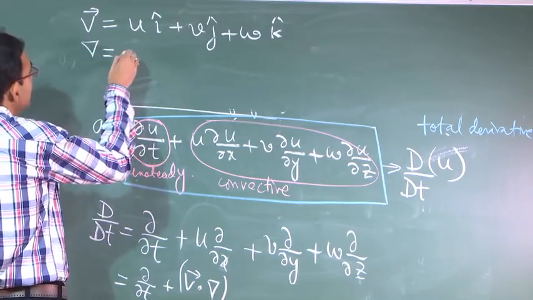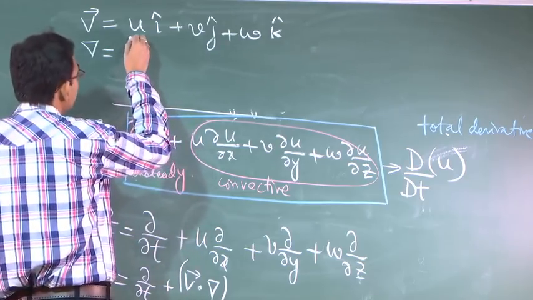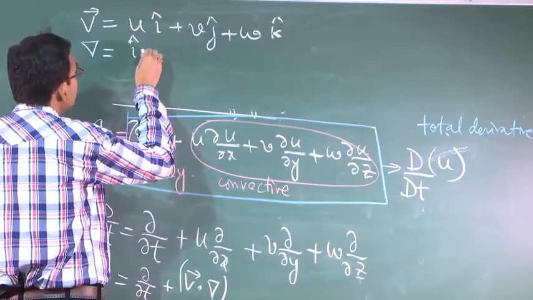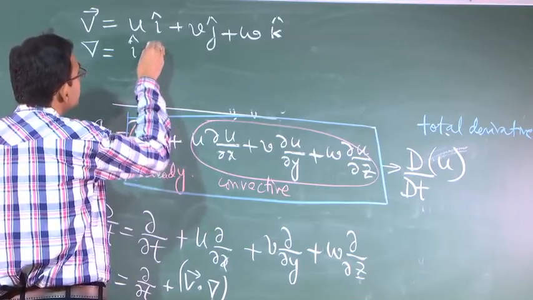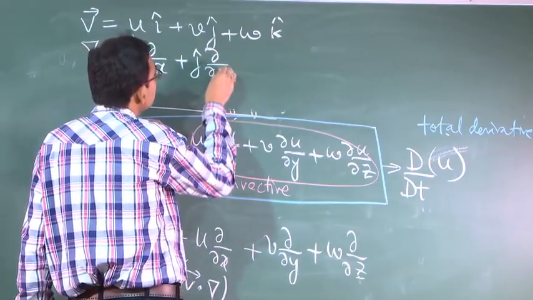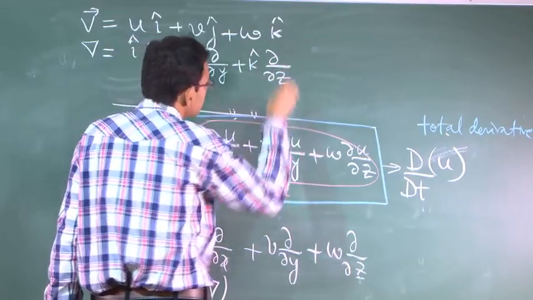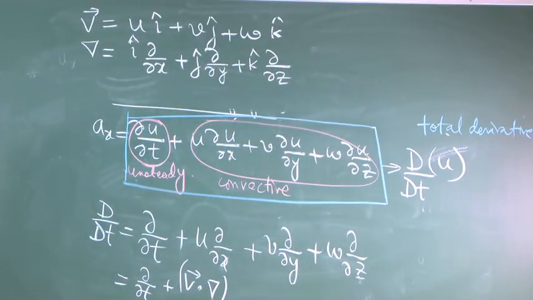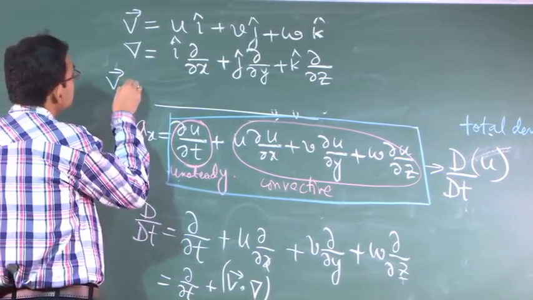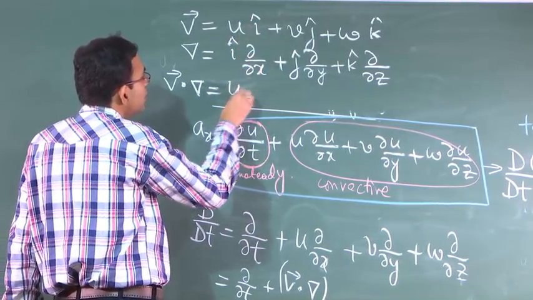This nabla operator, very loosely we call it the del operator, but it is the nabla operator in another way of mentioning. So, if you take a dot product of this.